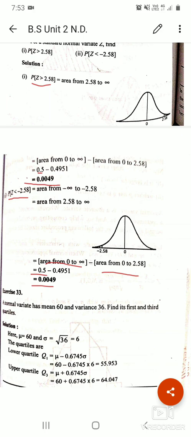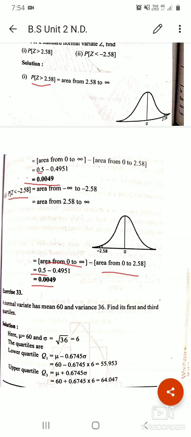So the 33rd problem is, a normal variate has mean 60 and variance 36. Find the first and the third quartiles. So here mu is given and variance, that is sigma squared, is given, which is 36. So the standard deviation will be the square root of the variance, which is the square root of 36.